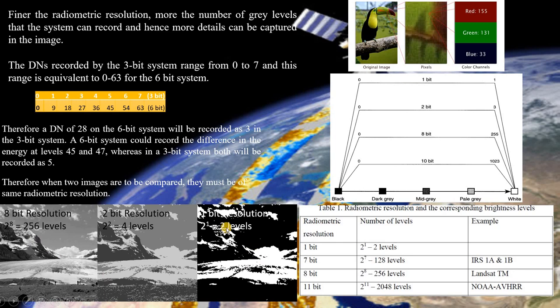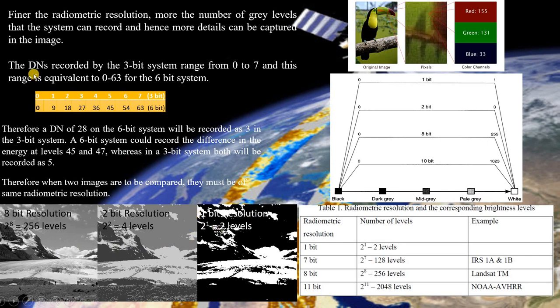But in this image you are unable to say any information, right? As you increase your sensor's radiometric resolution, you can see even minor details from the ground very clearly, from the reflected energy of the different features on the ground.